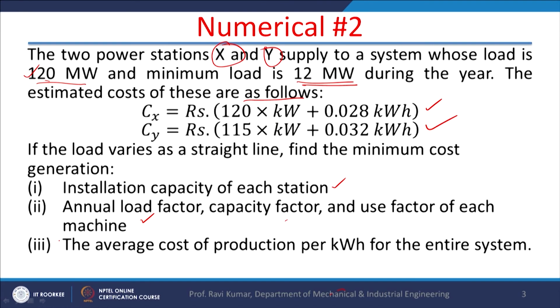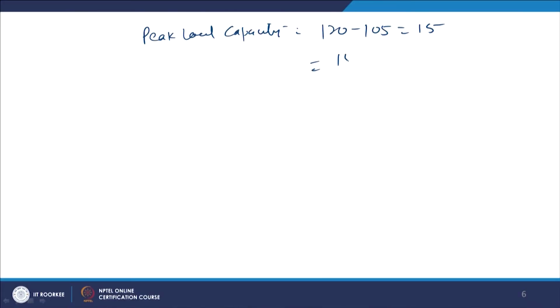Now, in this question, if we assume that the reservoir capacity is 22%, there is a reservoir which can have a capacity equivalent to 22%. In that case, the peak power is going to be 15 into 1.22, and it is going to be 18.3.